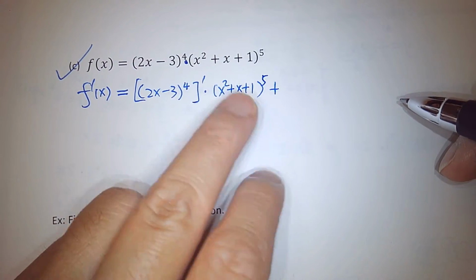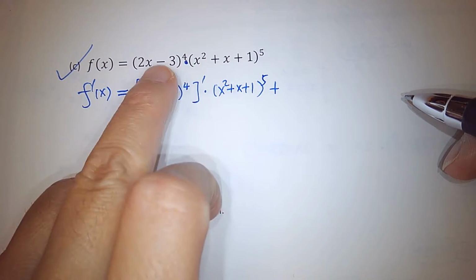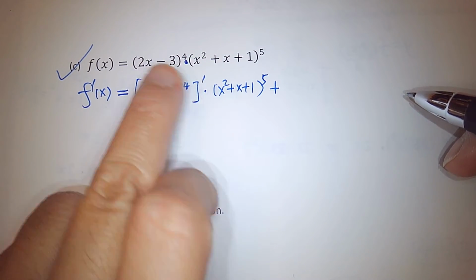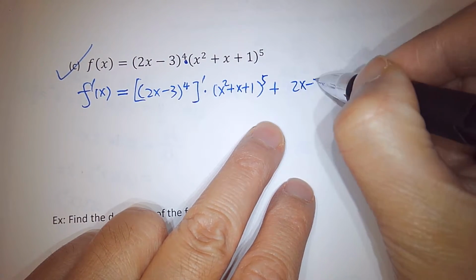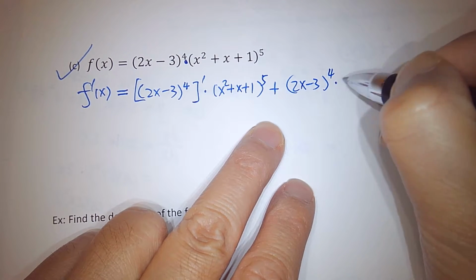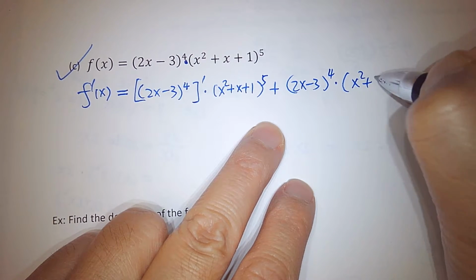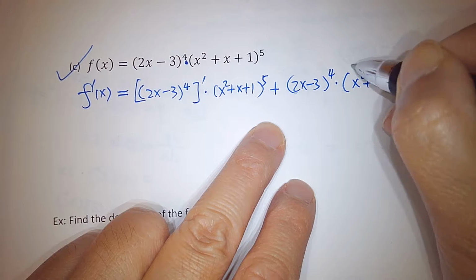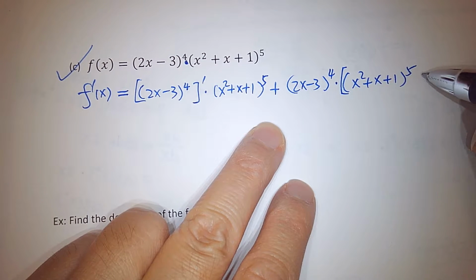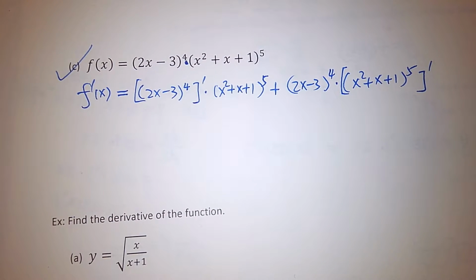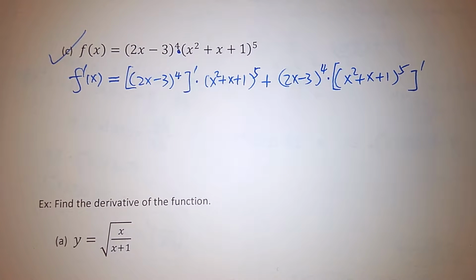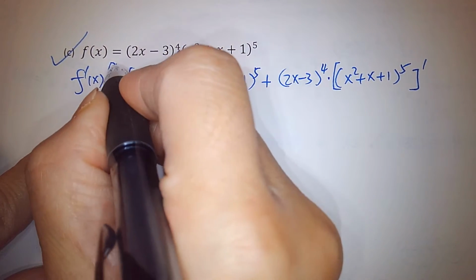Plus differentiate the second factor and then times the first factor, 2x minus 3 to the first power. Make sure you understand this step, right? By product rule. Okay, this is the product rule.